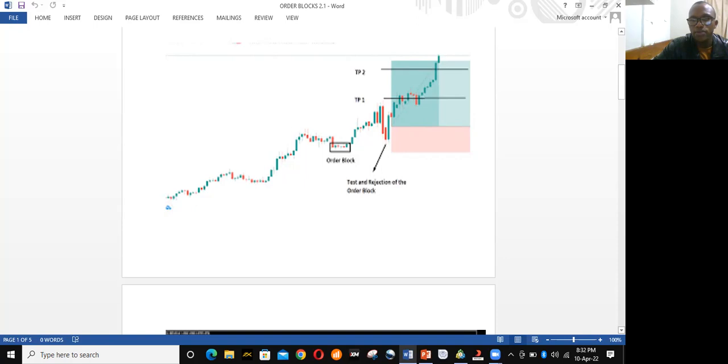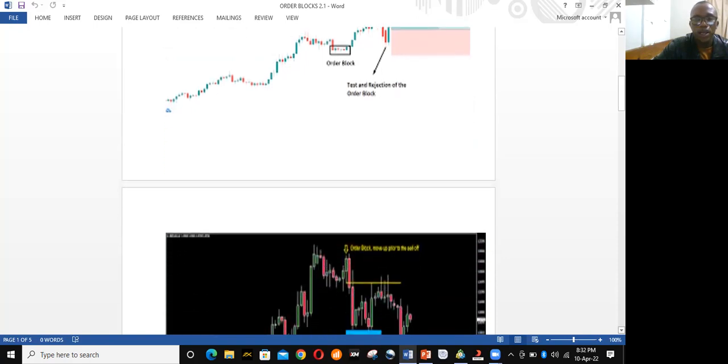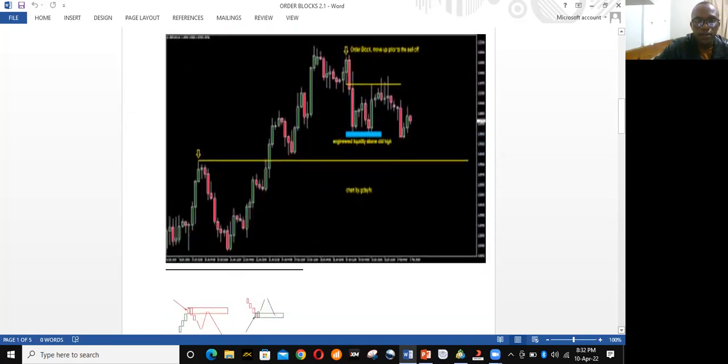Then our next move, let's check this example again. Here is another example. You identify the supports and resistance levels, but above all, we want to know when to enter for a sell and when to enter for a buy.